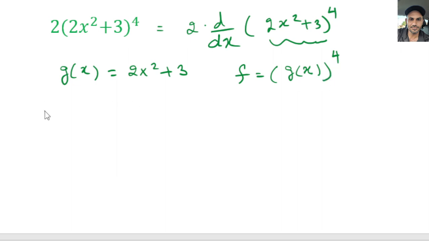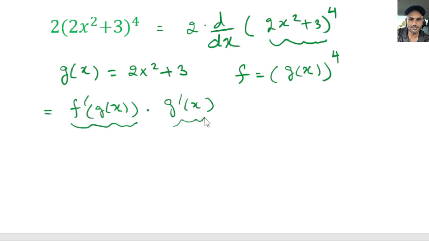So now we know that the derivative using the chain rule is going to be f prime of g of x times g prime of x. The derivative of our main function times the derivative of our input function. The main function is g of x raised to the fourth power, so when we take the derivative, the exponent becomes the coefficient, 4 times g of x, and then we have 4 minus 1; we subtract 1 from the exponent.